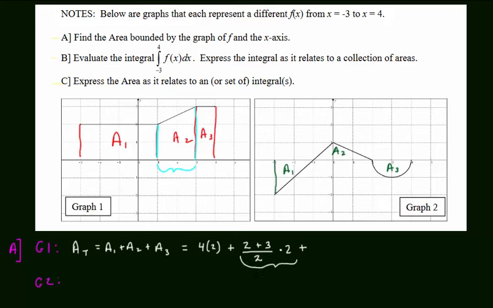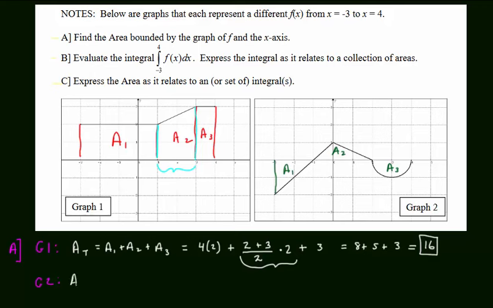Finally, we have the rectangle A3, which is base of 1, height of 3. Put that all together, 8 plus 5 plus 3 equals 16. That is the total area bounded between the graph and the x-axis.